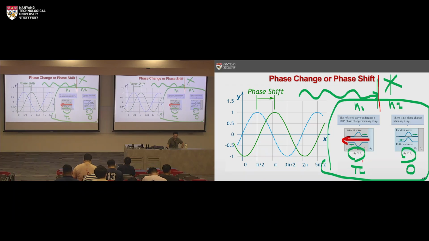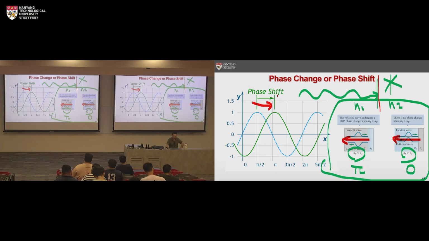Your phase will shift by pi. However, if it hits N1, N2, but N2 is actually smaller, nothing is causing your phase to change. So it's 0. This is a rule of thumb that you need to remember.